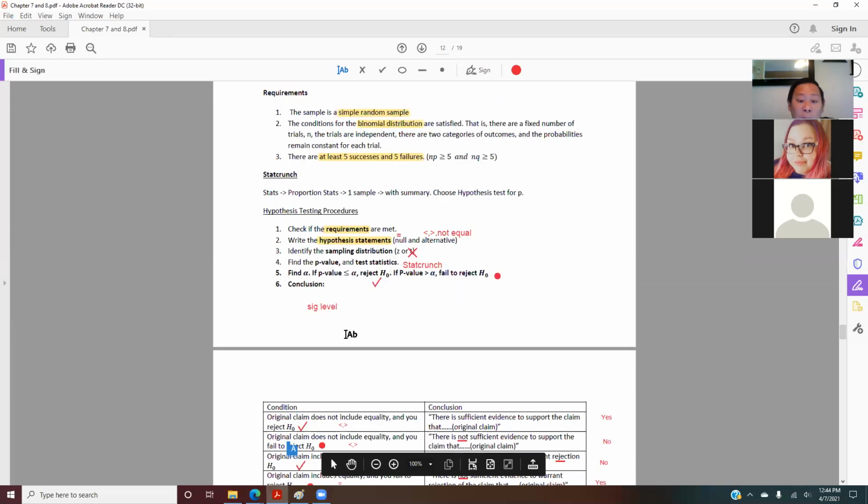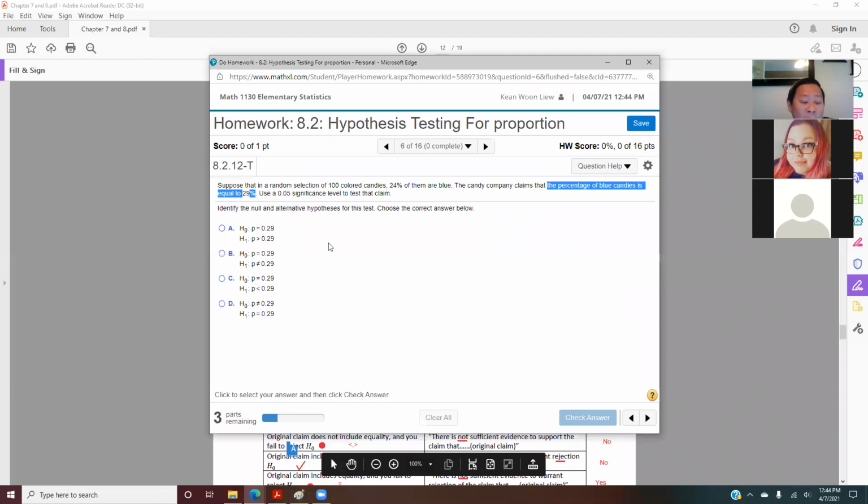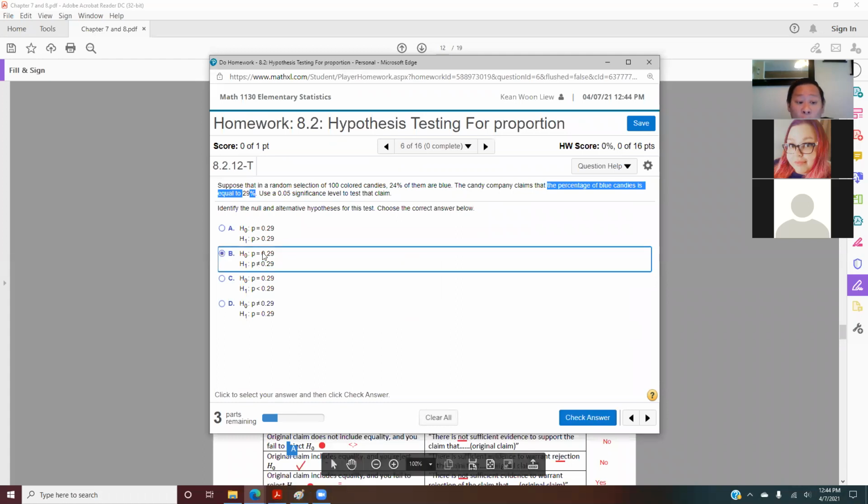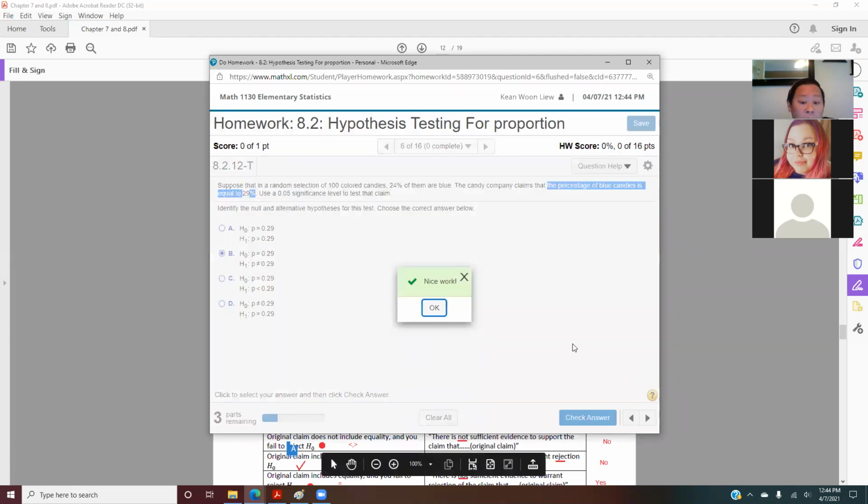As you remember, your null hypothesis is always equal. Since this statement says we are testing for equal to 29%, we use not equal to for your alternative hypothesis. So for this question, your answer will be B, because this is how you write this statement. The P is used here because it is a proportion. So that is the answer for this question.